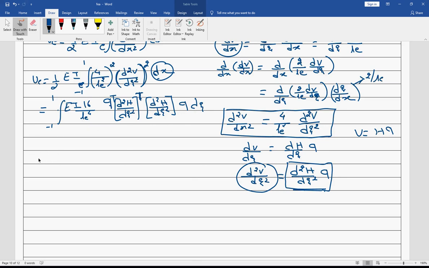So from this, what I could see, my k is equal to EI 16 by Le raised to power 4 integration. So this is equal to 1 by 2.